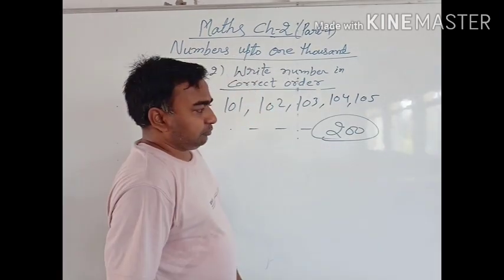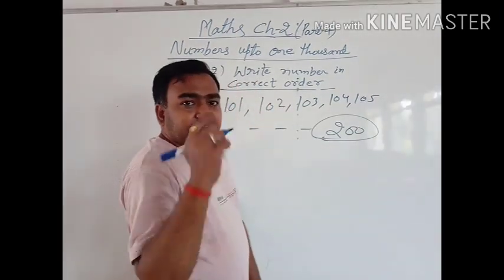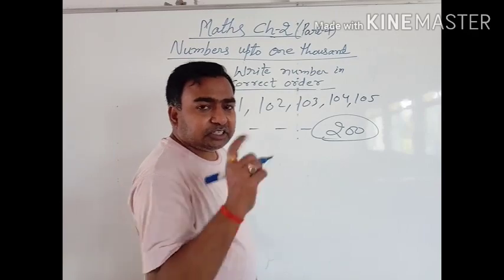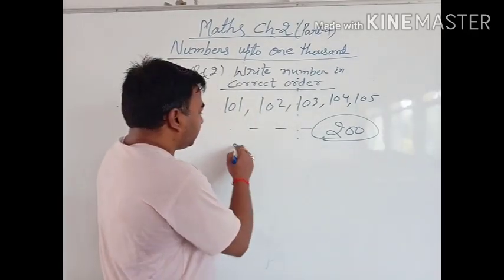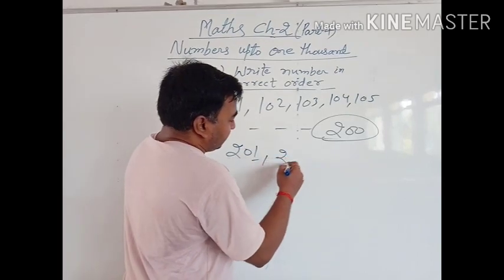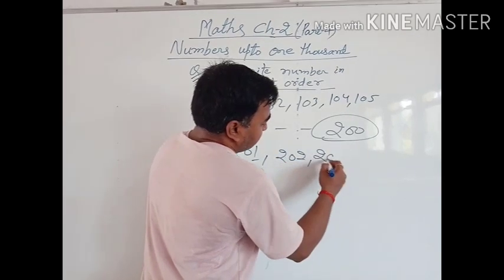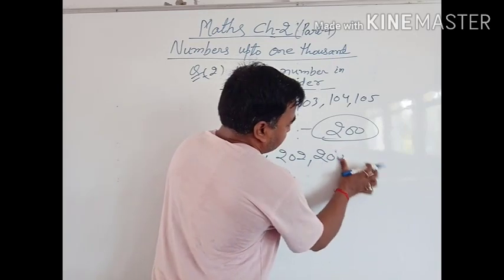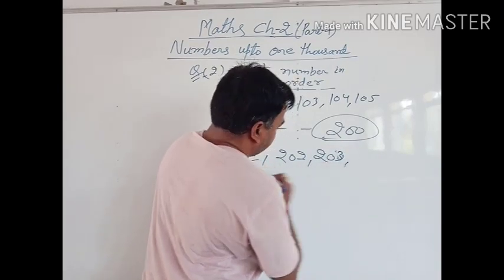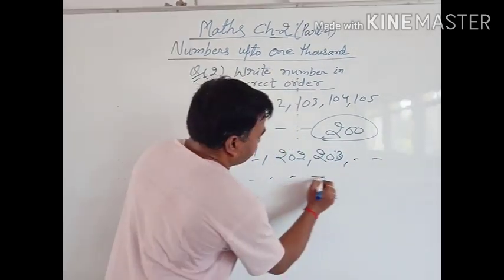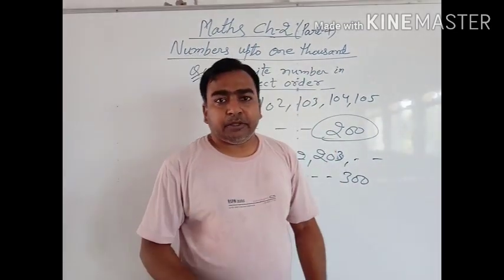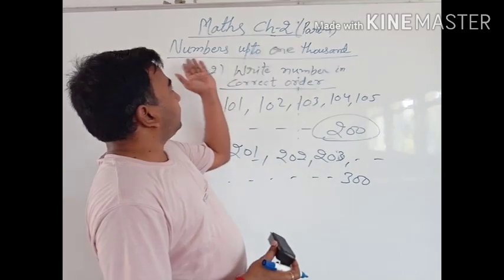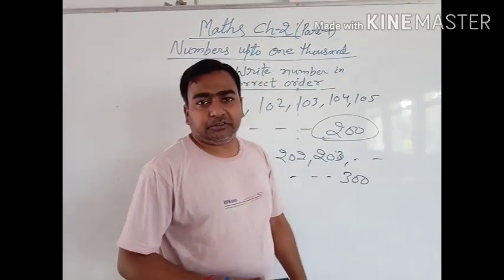After 200, can we write counting? Yes, we can. Which number comes after 200? 201, 202, 203, like this, and it ends with 300. So this is counting, because the chapter name is Numbers up to 1000.